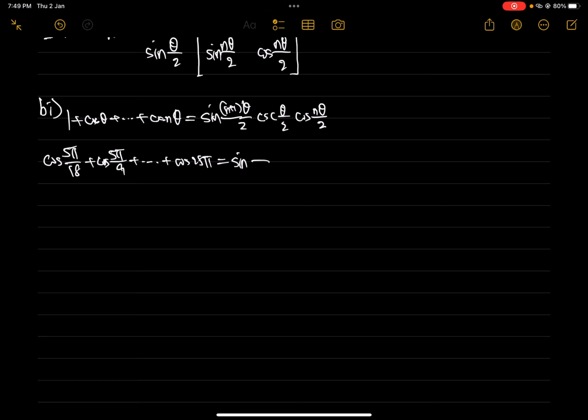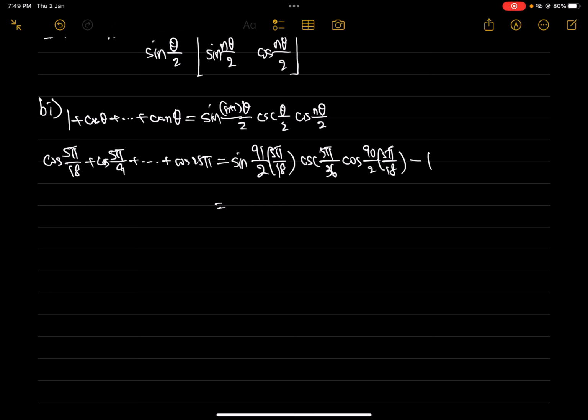So we have sine 91/2 times 5π/18, cosecant 5π/36, and then cosine 90/2 times 5π/18, and don't forget the -1.